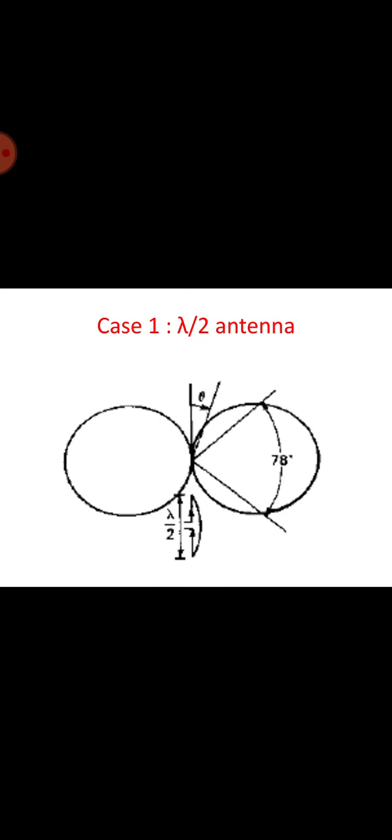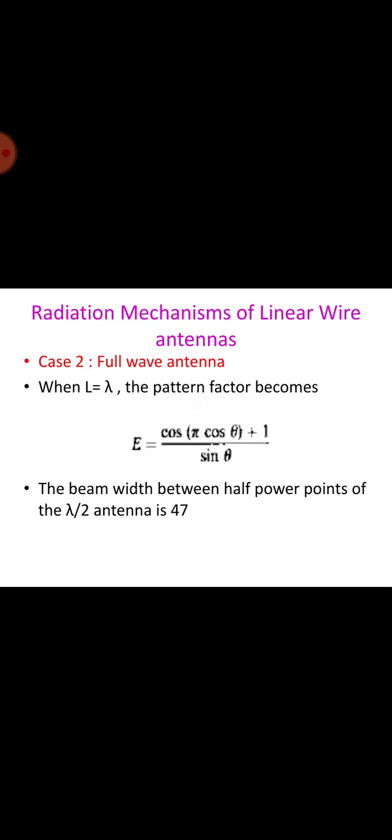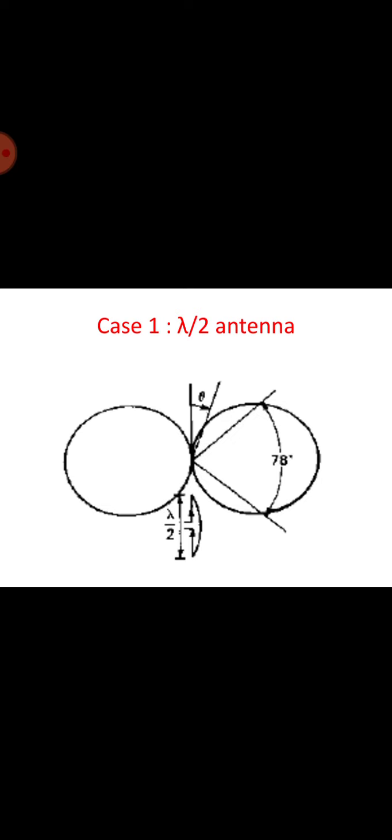It is only slightly more directional than the pattern of the short dipole, which is given by sin theta. The beam width between half power points of the lambda by 2 antenna is 78 degrees as compared to 90 degrees for the short dipole.